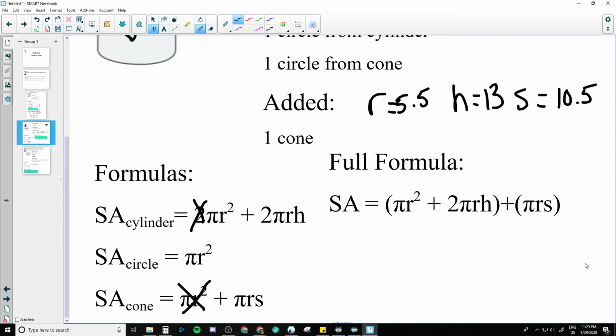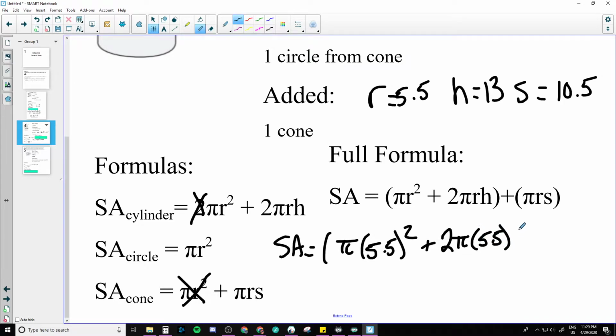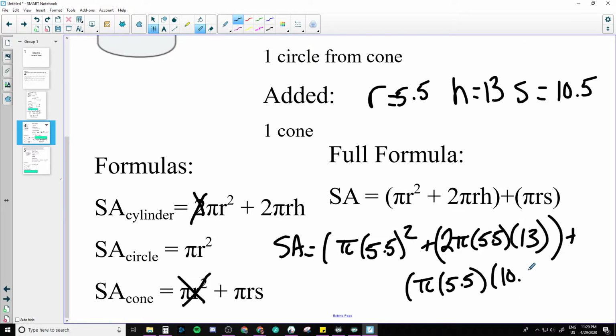So now we can just input our data into our formula here. SA equals pi, radius is 5.5 squared, plus 2 pi, again 5.5 for the radius, 13 for the height, plus pi, 5.5 for the radius, times the slant height, which is 10.5.